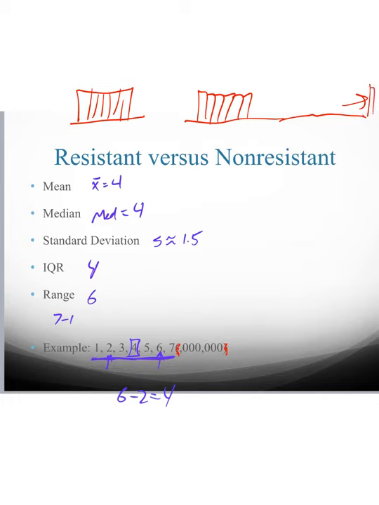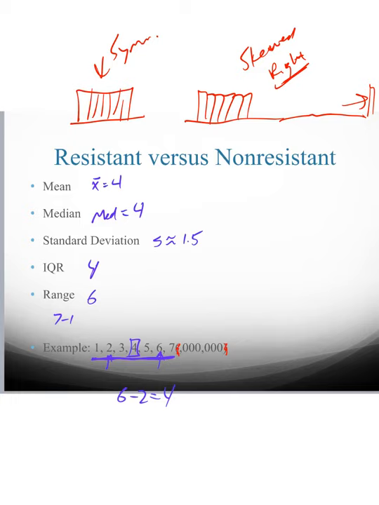Obviously much further than I drew it there. That's an outlier in this case. Before, it was symmetric. Now this would be skewed, and skewed just means that it's not symmetric, really. In this case, we'd call it skewed to the right because we go with the direction it drags out, which is to the right. We'll talk more about skew later on.